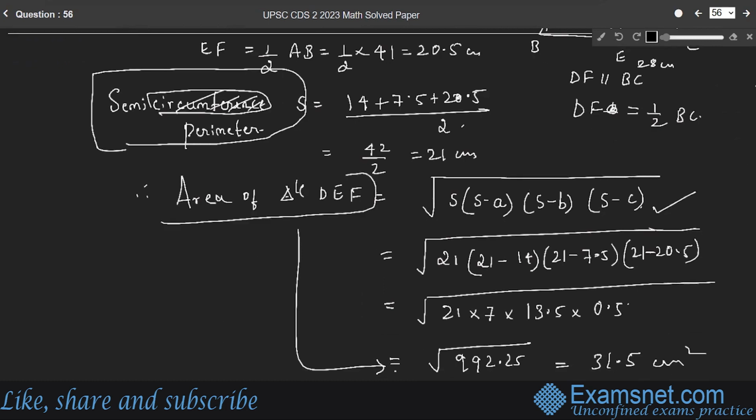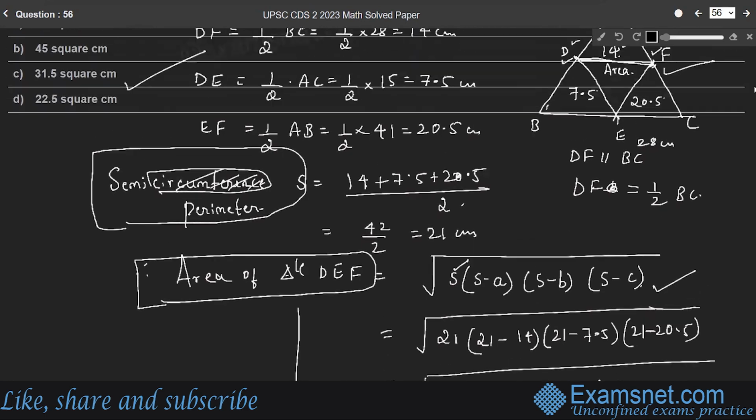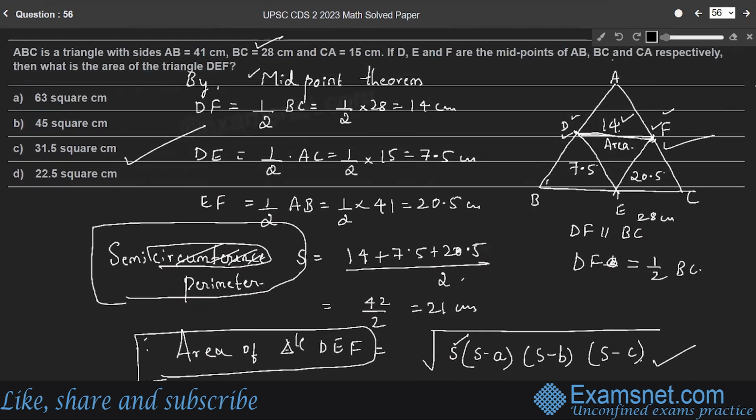Then the area of a triangle whose sides are not equal is equal to the square root of semi-perimeter into S minus A into S minus B into S minus C. You will get the answer. If all the sides are equal, then the square root of the sum of the squares of the sides gives the area, right? Here all sides are not equal. Therefore, we are using this formula based on semi-perimeter, right? Hence, option C is the right answer.